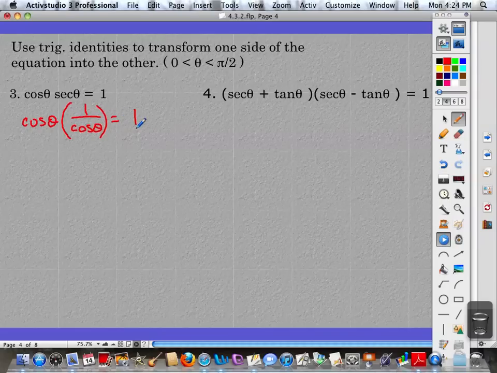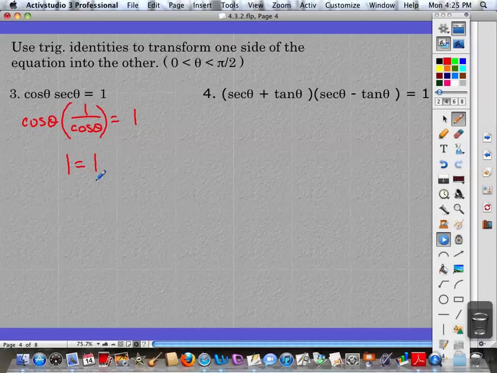And if I take the cosine of theta and I multiply by its reciprocal, remember when we multiply by reciprocals, it simply simplifies to 1. Okay? So we've used the basic trig identity and verified that the cosine of theta times the secant of theta is always going to be 1.